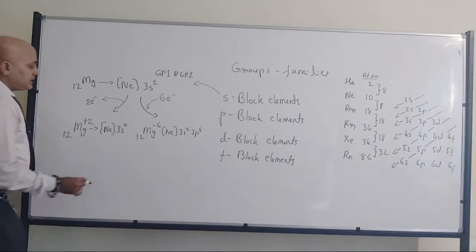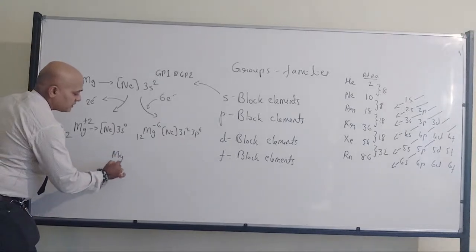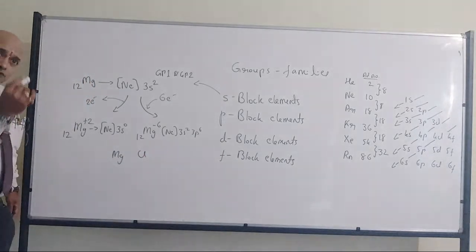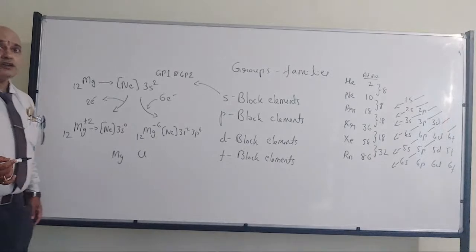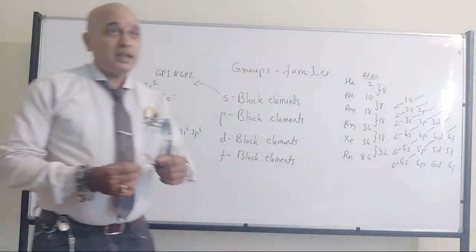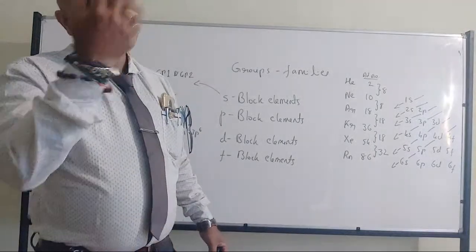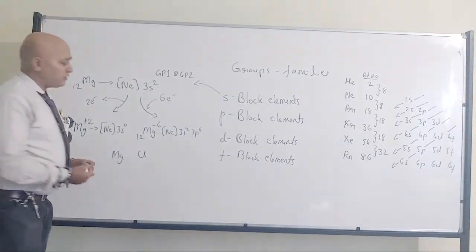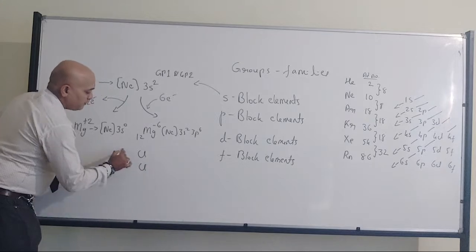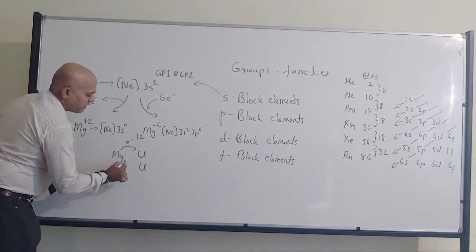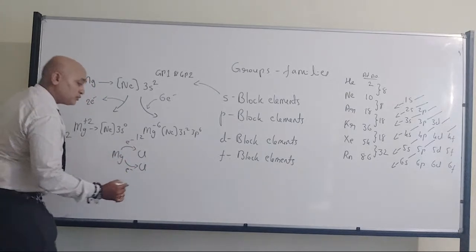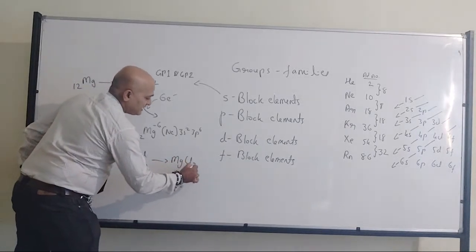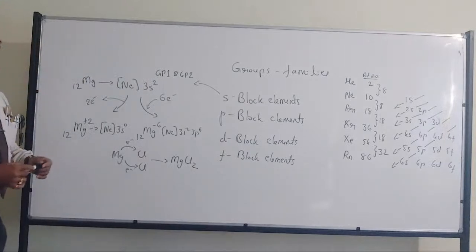Now, magnesium can donate 2 electrons, but 1 chlorine can take up only 1 electron. Chlorine is not going to compensate. Oh, magnesium, you want to attain stability, give me 2 electrons? No chance. Chlorine takes 1 electron only. So therefore, magnesium will donate 1 electron each to 2 chlorine atoms, and in turn they will become magnesium chloride, MgCl2.